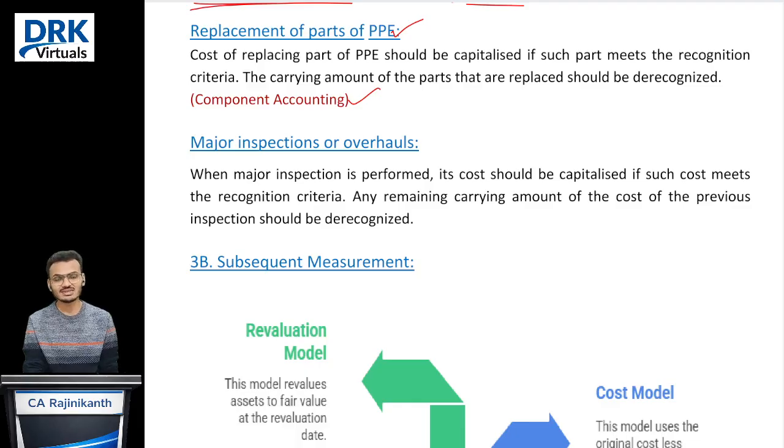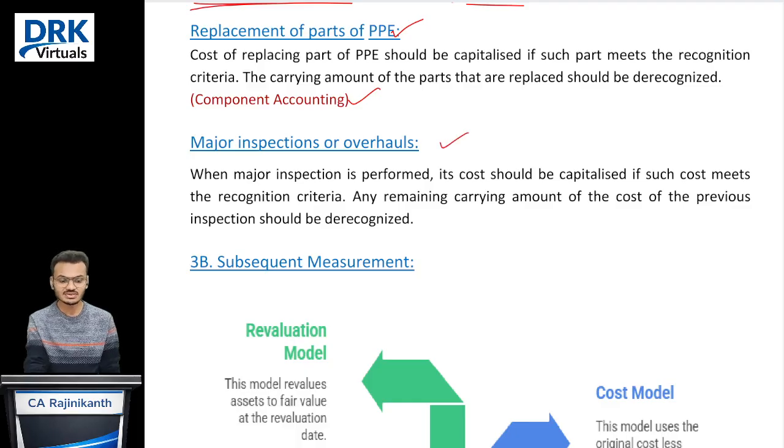So the standard says to do component accounting: account for each engine separately. If we replace any engine with a new engine, the new engine can be capitalized if it satisfies the recognition criteria, and the existing engine we should de-recognize at its carrying amount. That is what the standard is saying. Nothing more.